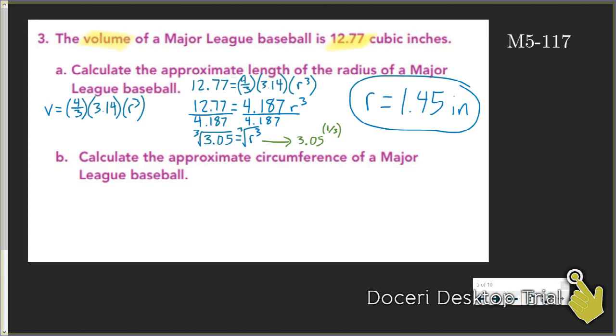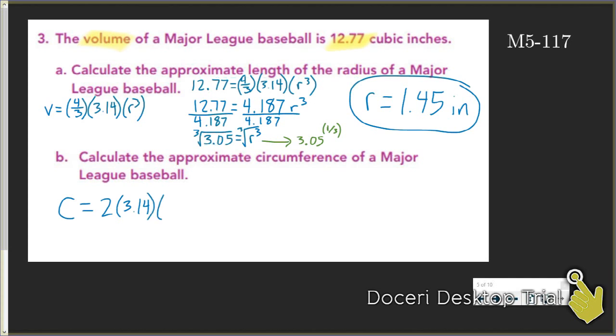Now, question B is not asking for the volume, again, because the volume was given. We know the volume, we know the radius. Question B is asking for the circumference. Well, that's as easy as plugging into our formula. So we know circumference is equal to 2 times pi times the radius.